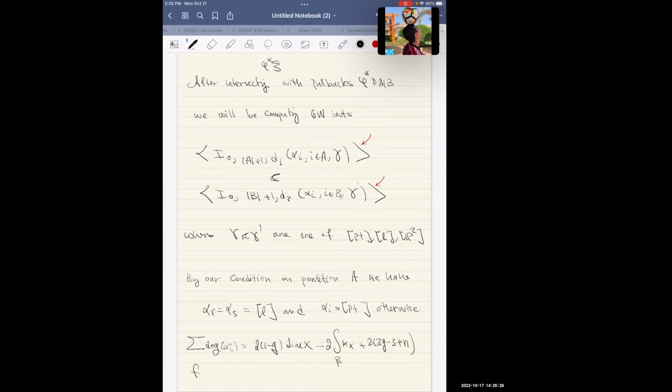From here, we can see that the cardinality of A is going to be 3d1 plus 2 minus 1/2 the degree of this class gamma. Gamma is one of the point class or line class or P2, right?